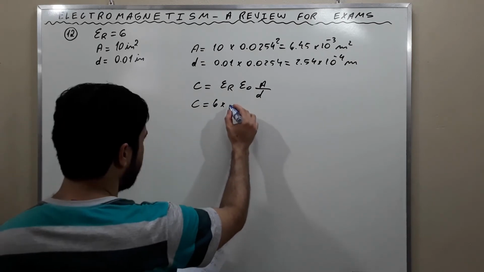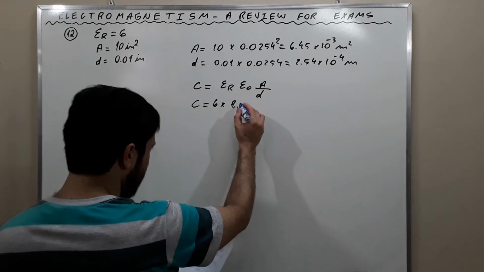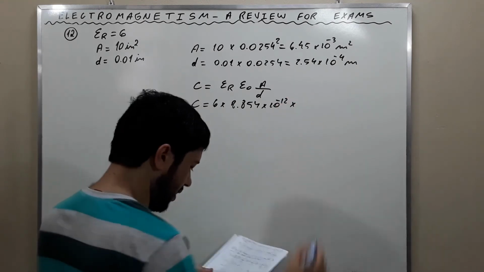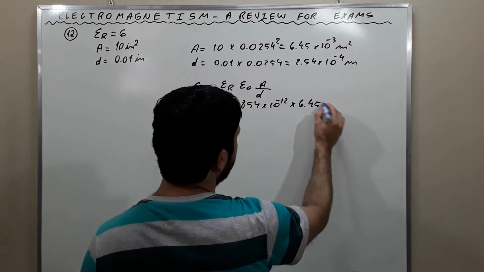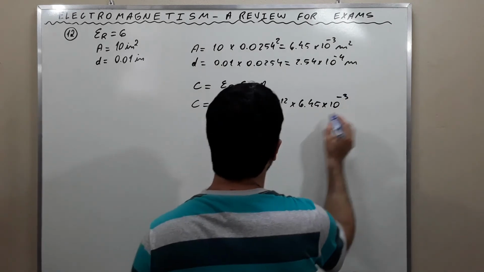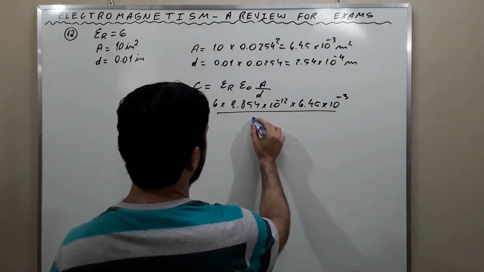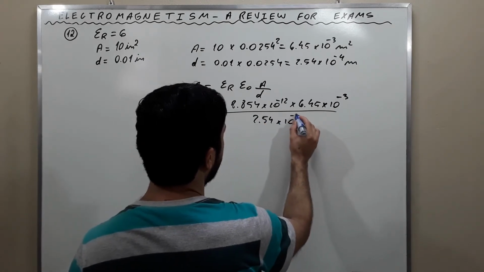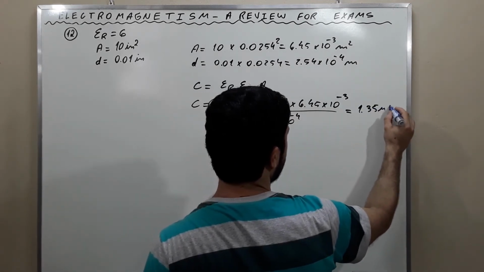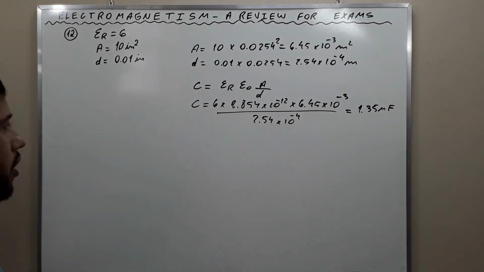Okay, 6 times 8.854 times 10 to the negative 12 times 6.45 times 10 to the negative 3, all divided by 2.54 times 10 to the negative 4, and this is equal to 1.35 nanofarads.